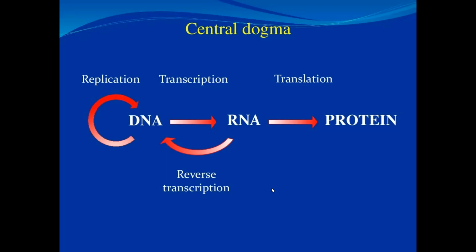The flow of information through replication, transcription and translation is called the central dogma. That is, DNA replicates, is transcribed to RNA and then translated to a protein. This is called the central dogma, which every student should have knowledge of.